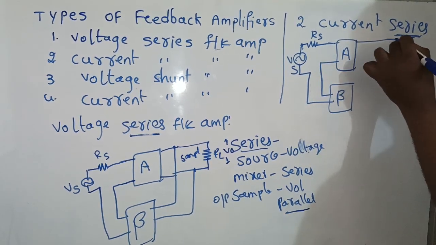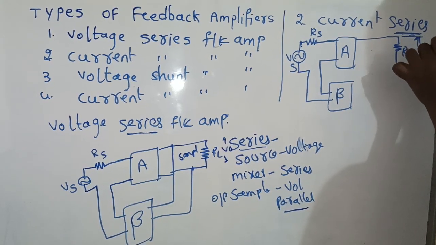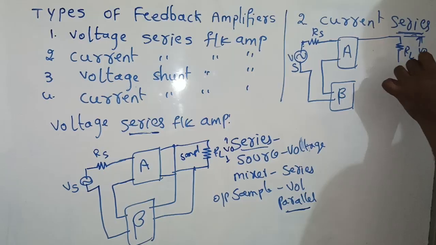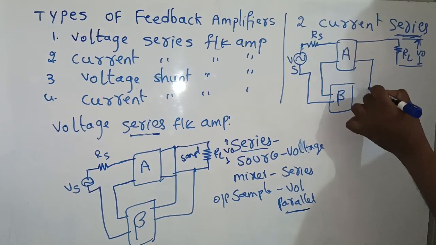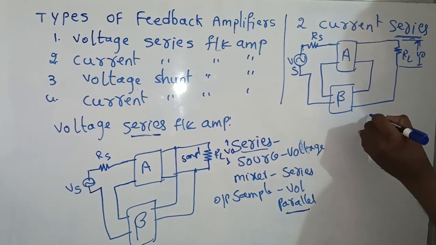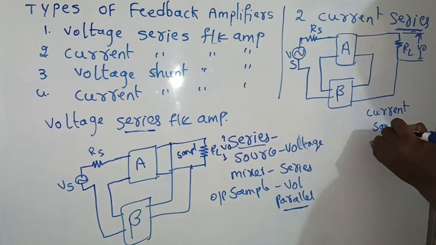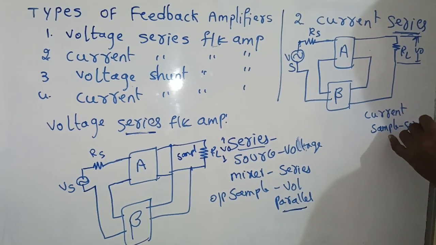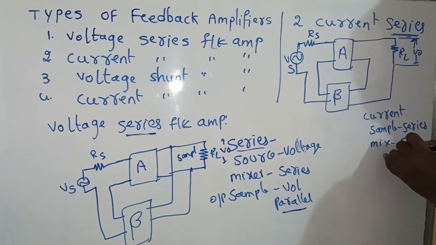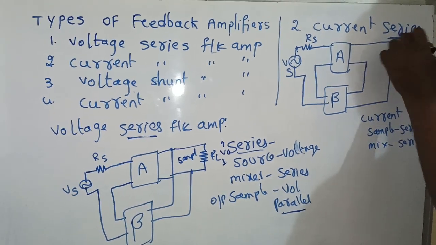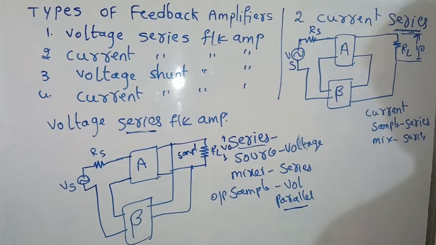Similarly, the output is taken at the load RL. If it is a current, the sample is in series connection, and the mixer is also in series connection. This is the second one, current series feedback amplifier.